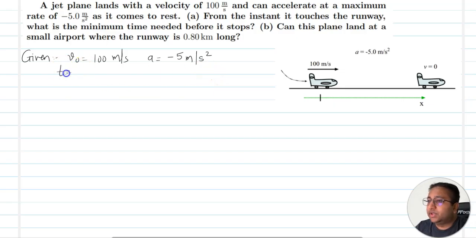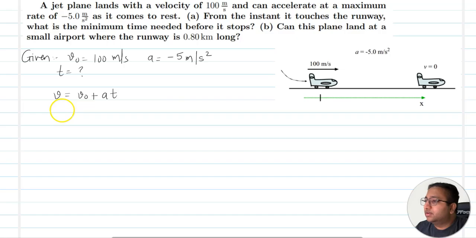So in this part A, we are going to use the equation of motion V equal to V0 plus AT, where the final velocity is equal to the initial velocity plus the acceleration times time.